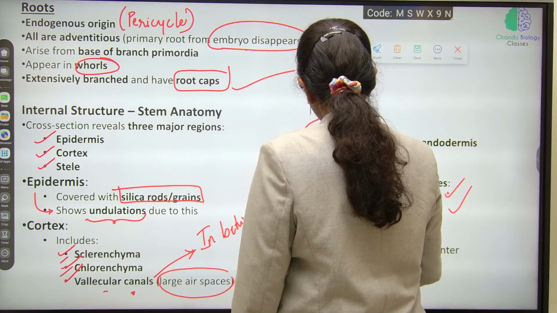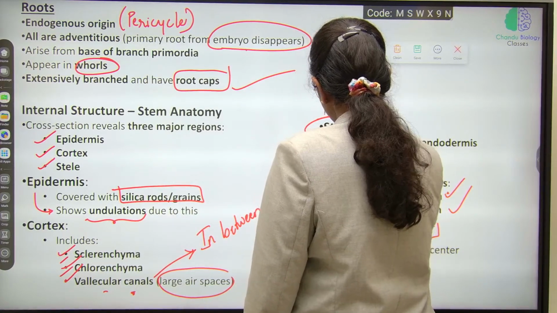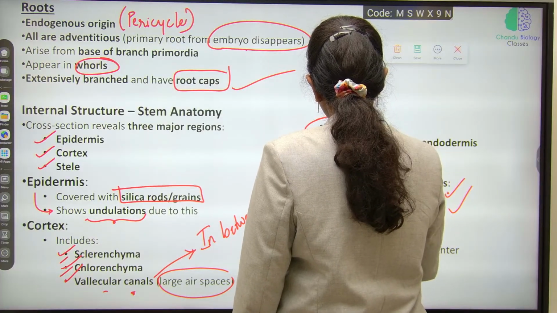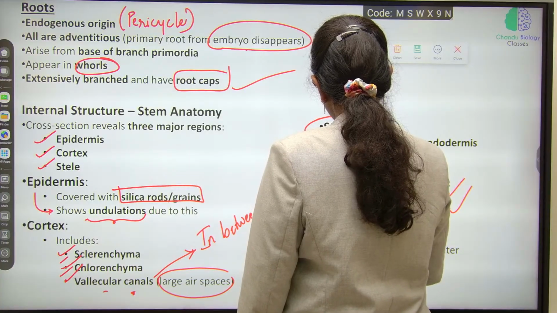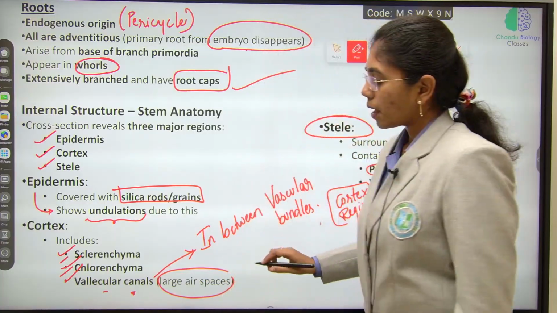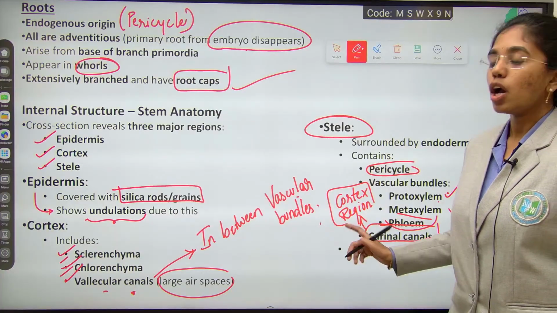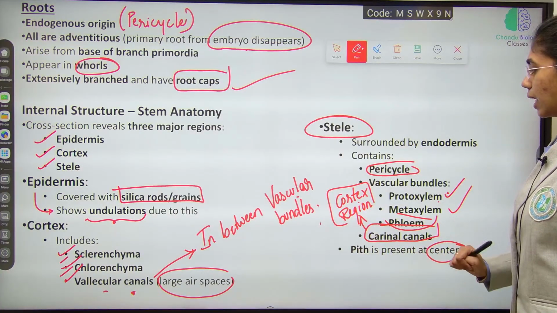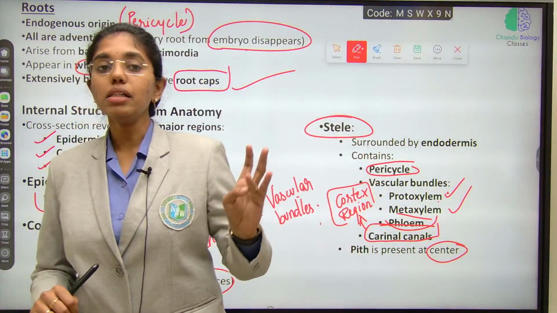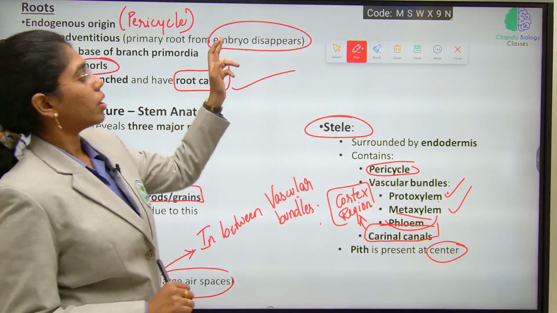Vallecular canals, they are present in between vascular bundles. Carinal canals are in the cortex region, and pith is present at the center. So, stele completely consists of pericycle, vascular bundles, carinal canals and pith. Clear here in Equisetum?